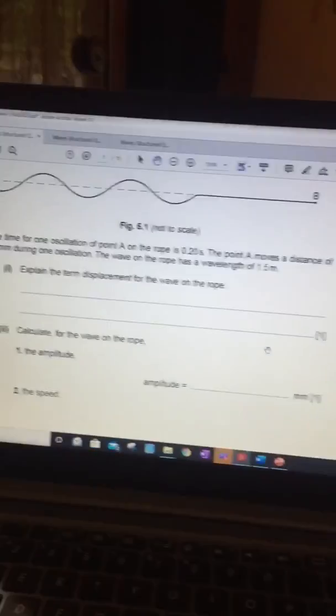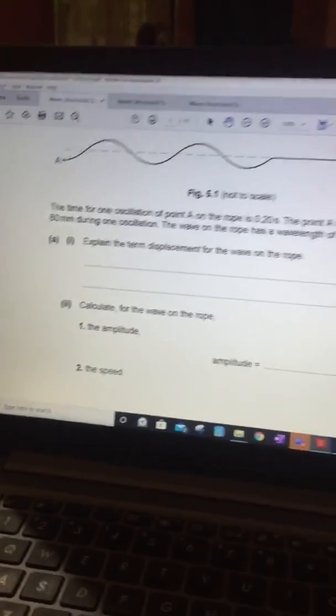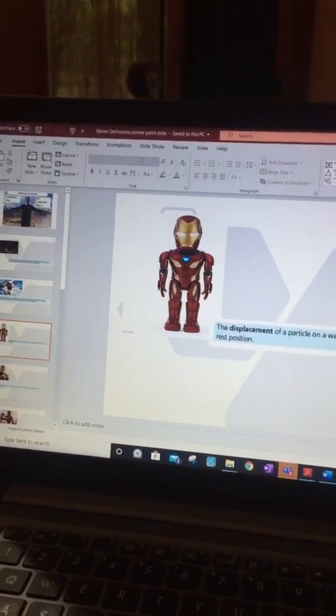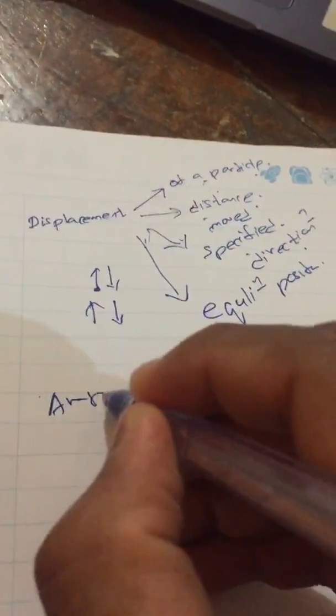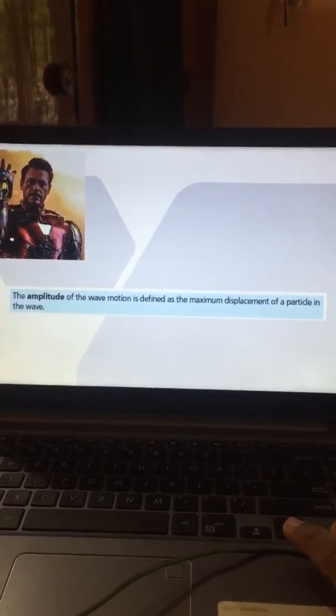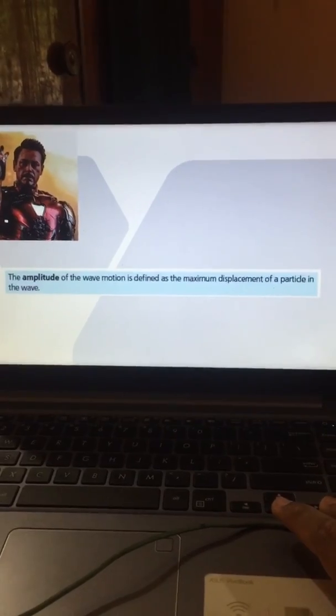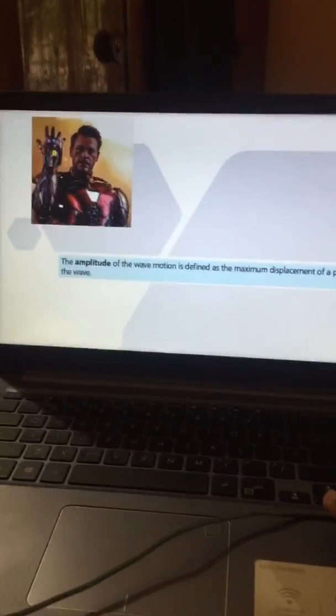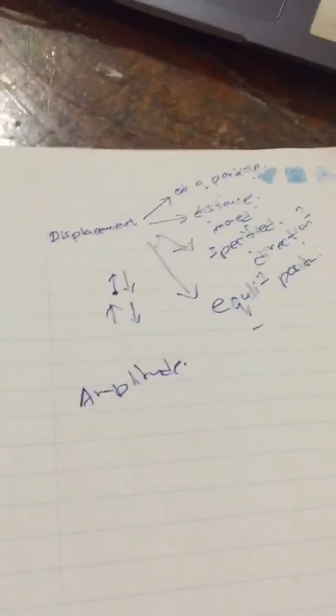Here it is not asked, but let's say they ask you to define the term amplitude. The amplitude of the wave motion is defined as the maximum displacement of a particle in the wave.